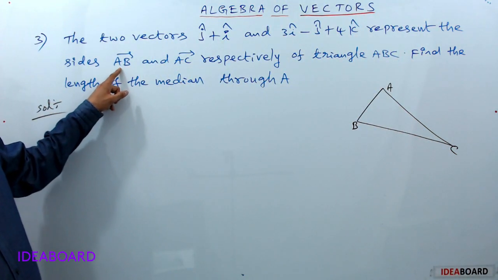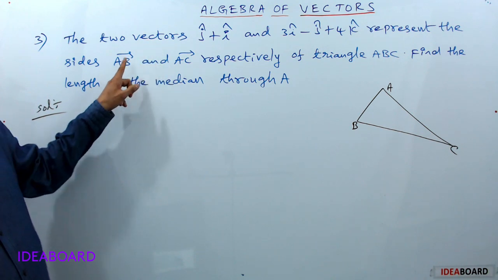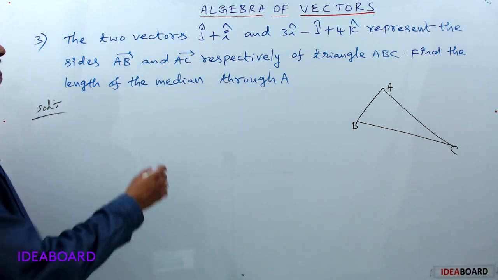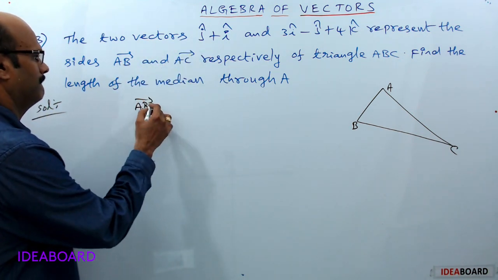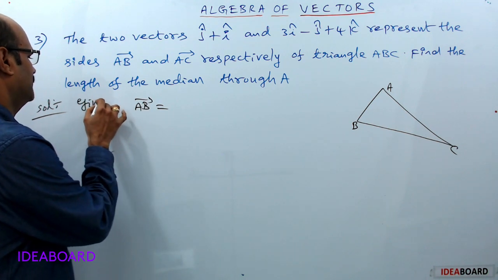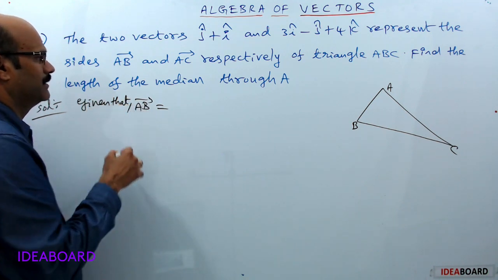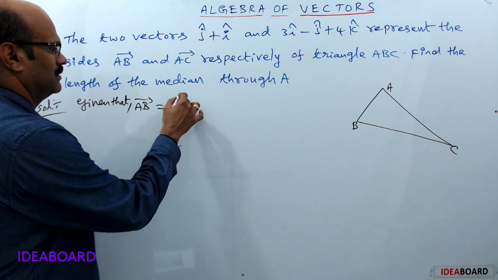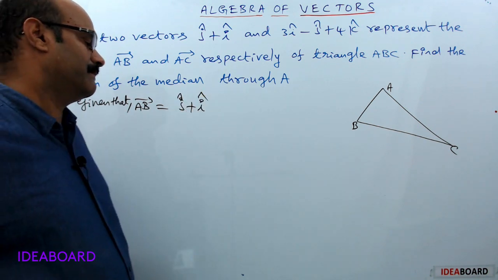Now two vectors are given. AB vector is given by AB vector equal to j cap plus i cap.